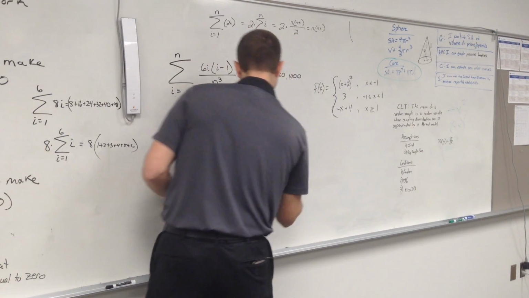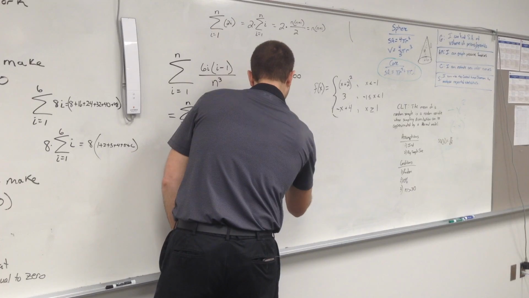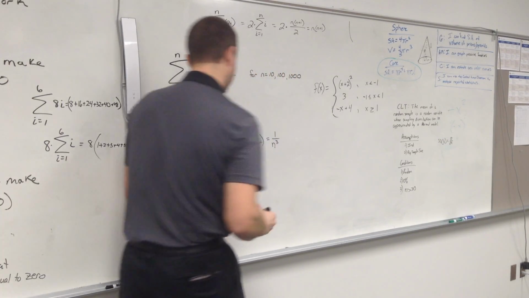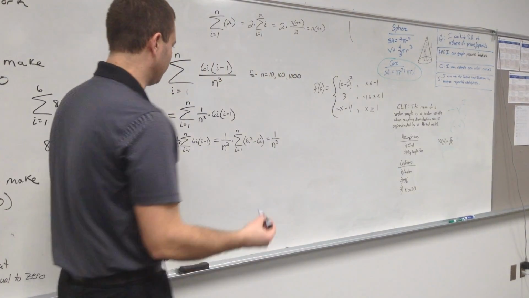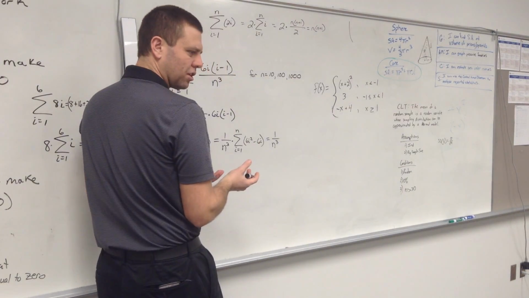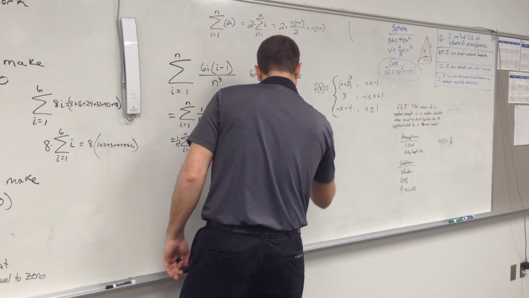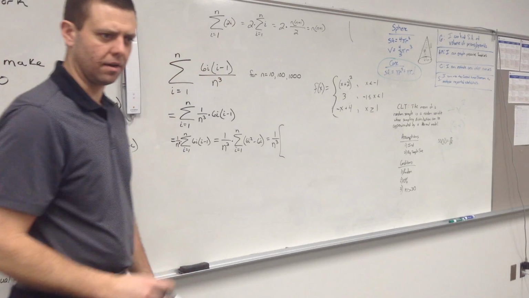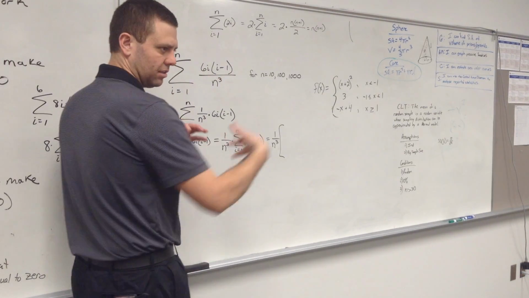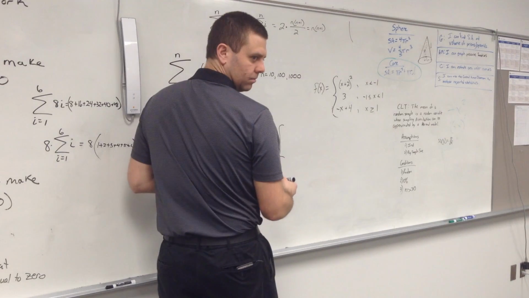So 1 over n cubed. What I'm going to do now, you can write 1 over n cubed with each of them, but I'm just going to do a big bracket and then separate them inside this bracket.